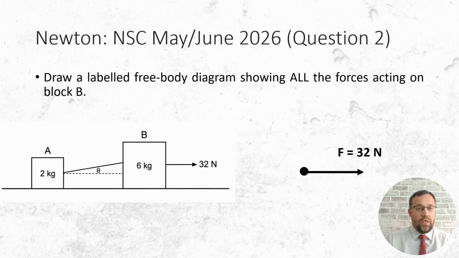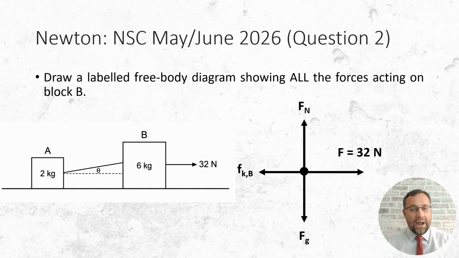Next, we draw the kinetic frictional force acting to the left on block B. Then we draw the normal force acting perpendicular to the surface. Next, we have the weight acting vertically downwards. And finally, for our 5th mark, the tension in the rope acting diagonally downwards. 5 marks, 5 forces.